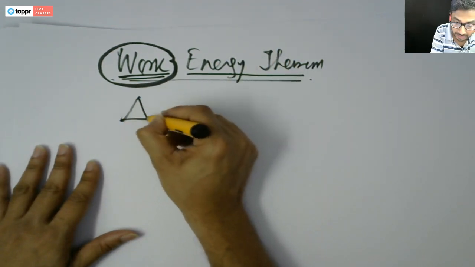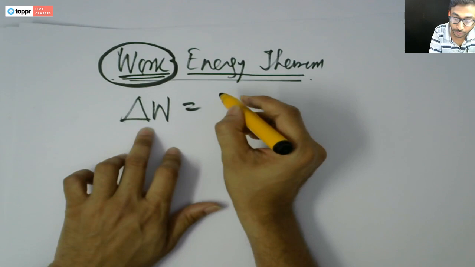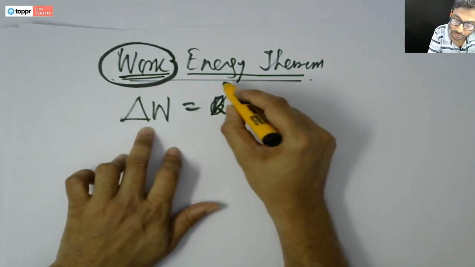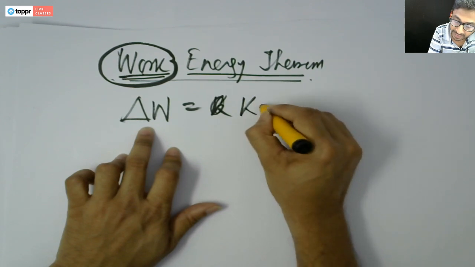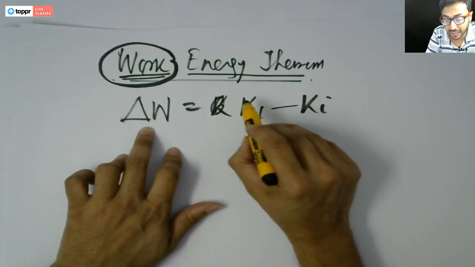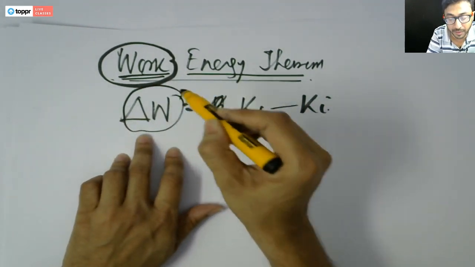That is, the total work gets converted into the kinetic energy. So if Kf is the final kinetic energy and Ki is the initial kinetic energy, the change in kinetic energy is nothing but the work done.